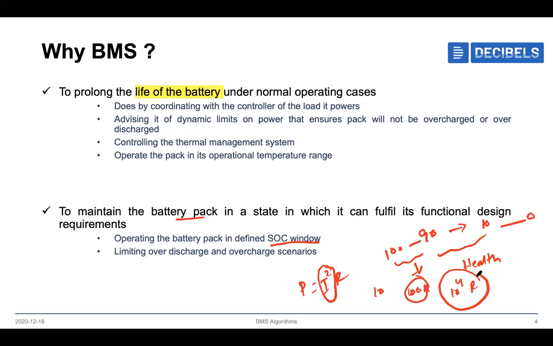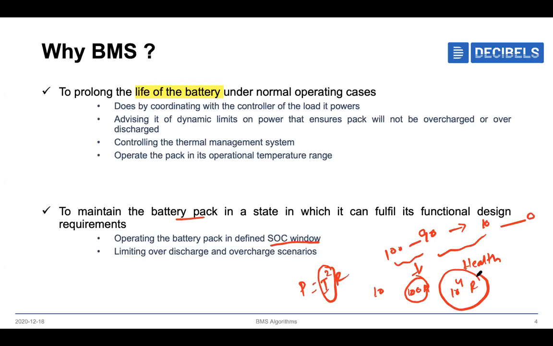So that's the reason we have to limit during discharge and charge. This also depends on the cell selection, not only the property of the BMS; we also have to select a proper cell when we are making the battery pack. Okay, so yeah, these are the main important reasons why we are using the BMS.